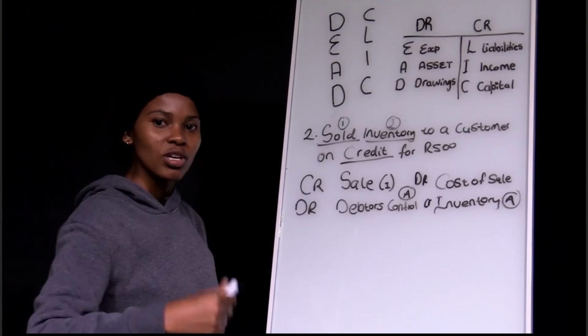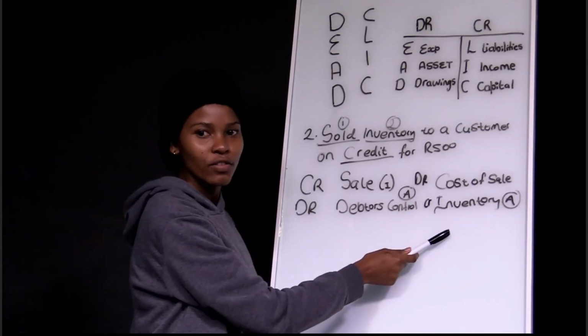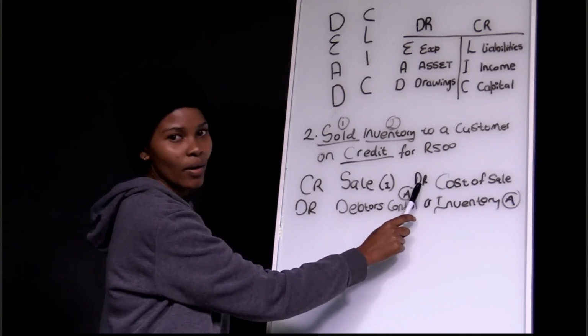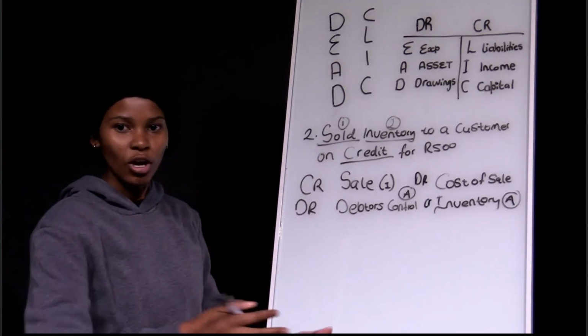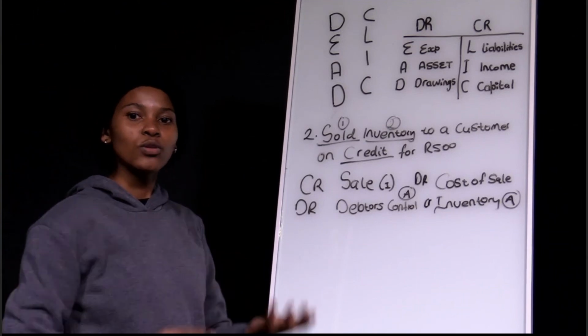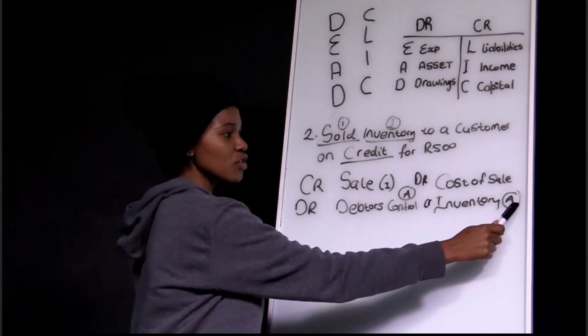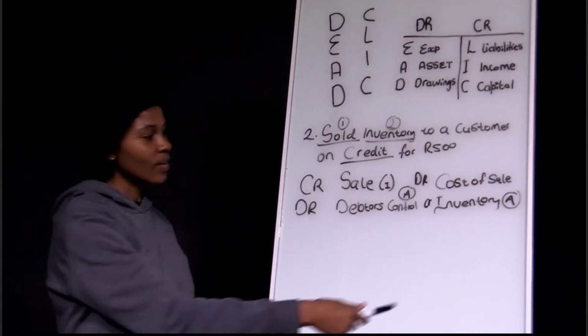We update our books continuously, which is why we also keep our records for cost of sale and inventory. Right. So we recognize our sale with the cost of sale and we debit our cost of sale. Inventory, we said inventory is an asset. Remember, that is the stock that you have in the business that you're going to sell in order to generate income. So your inventory then becomes an asset, so you're going to credit inventory in this case.